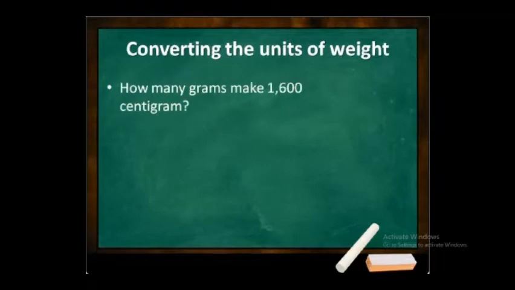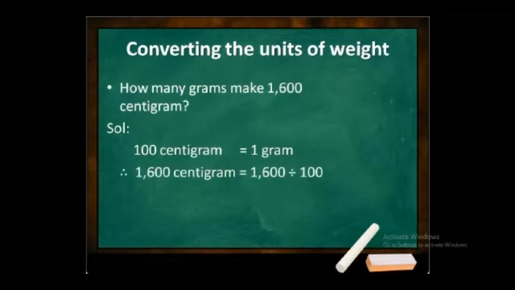Now, how many grams make 1600 centigrams? So 100 centigrams is equal to 1 gram. 1600 centigrams is equal to 1600 divided by 100.